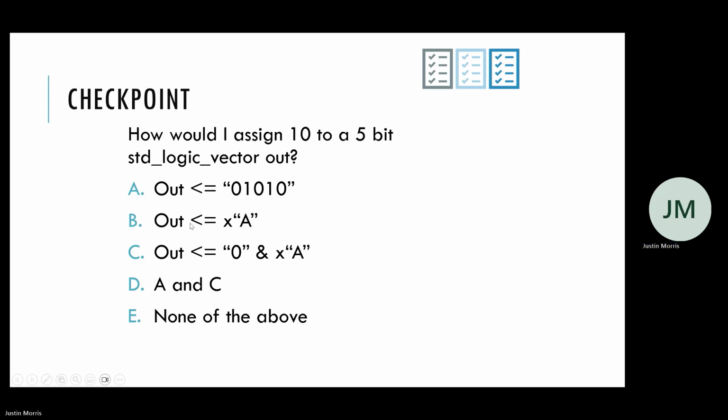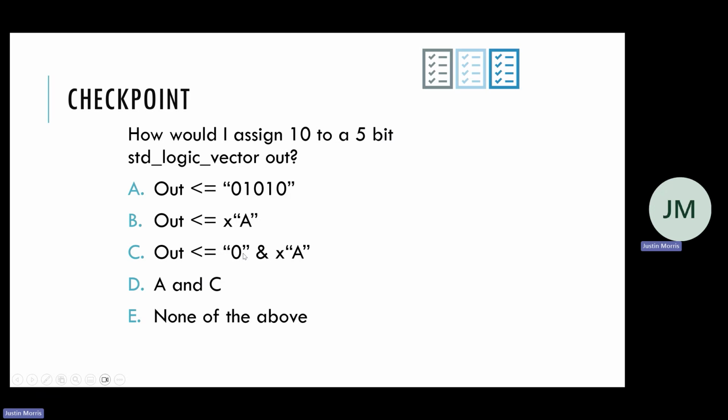This one, the bit width does not match. You're trying to assign 4 bits to 5 bits, and it will complain to you. So this doesn't work. And then here, we have 4 bits that represent 10, and we're concatenating a 0 to make it 5 bits.